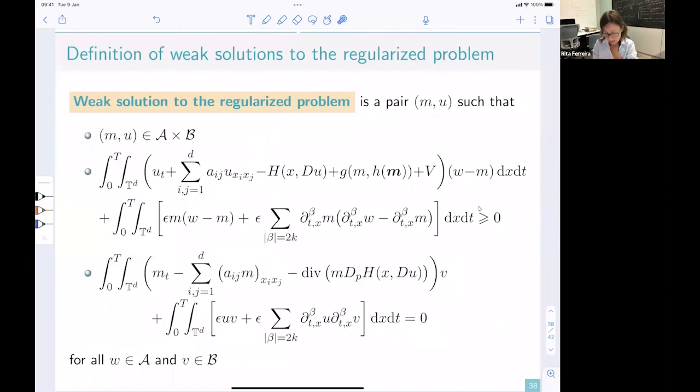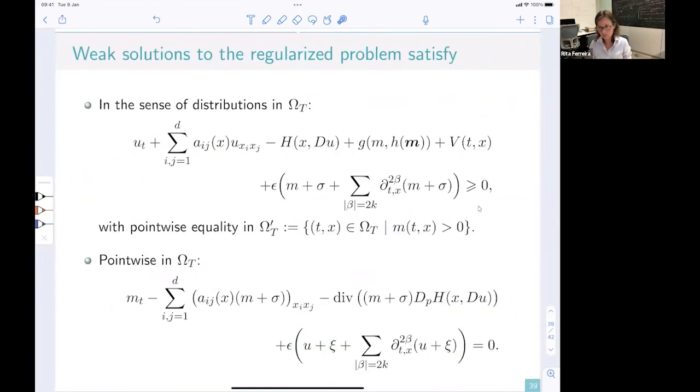And so a weak solution is regular, so it satisfies these regularity assumptions, but the Hamilton-Jacobi equation is satisfied in this sense, a variational sense. I will give a little more intuition about this, and this is for the Fokker-Planck equation. The terms that are appearing here are nothing but those that were appearing in the equation, after integration by parts. And these two identities have to be satisfied for all test functions W and V in the corresponding spaces.